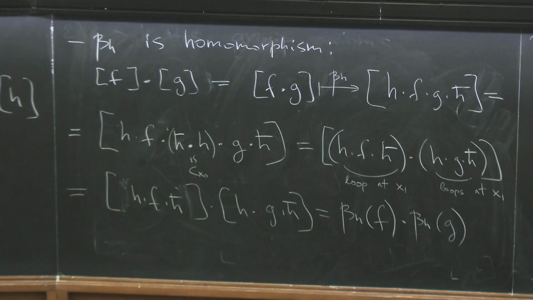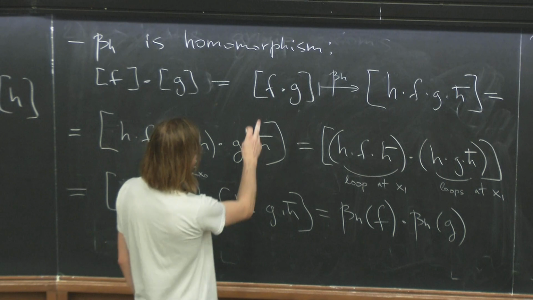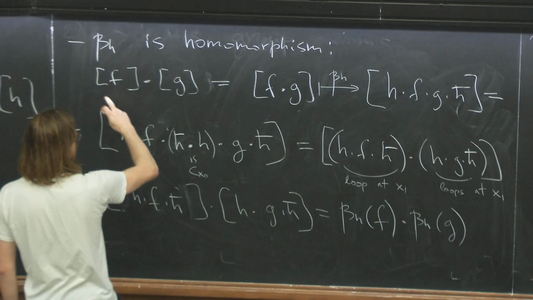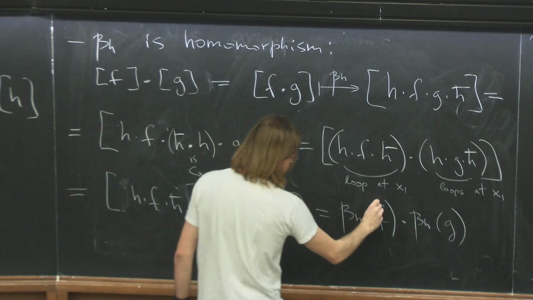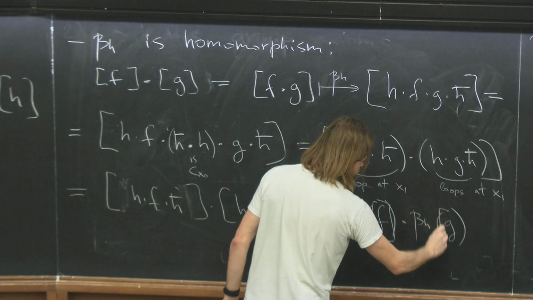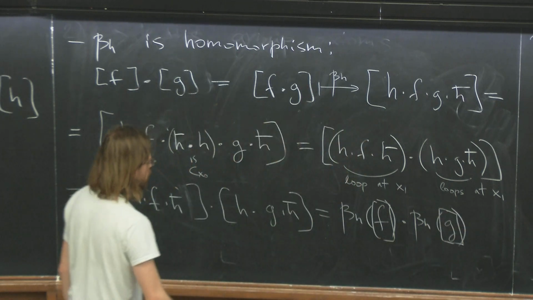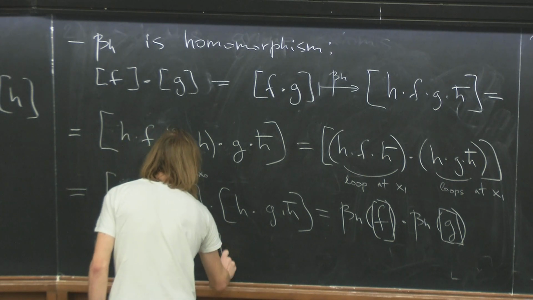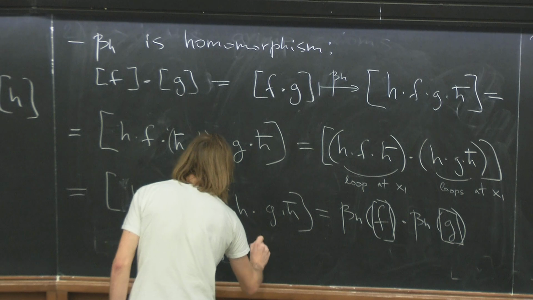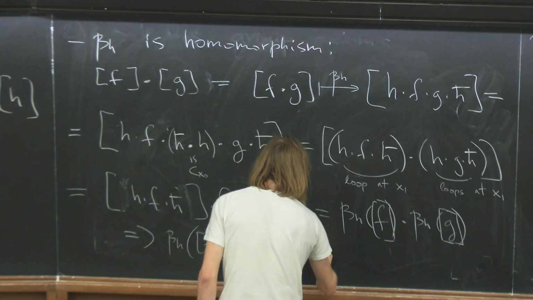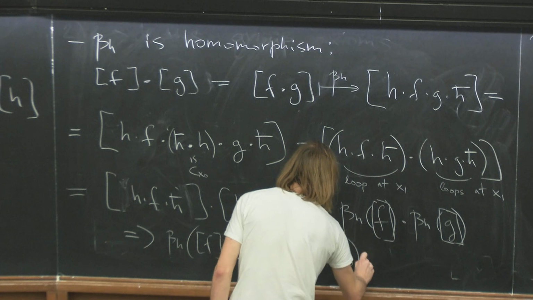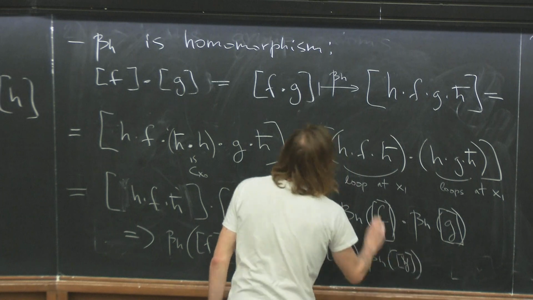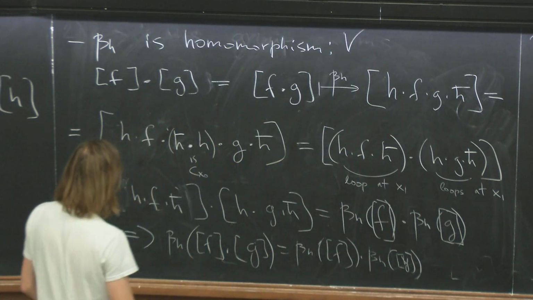So what we showed is that beta h of the class of f times the class of g is equal to beta h of the class of f times beta h of the class of g. So indeed, this is a homomorphism.